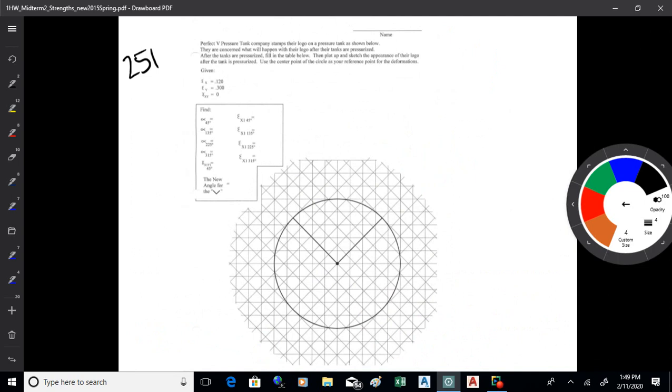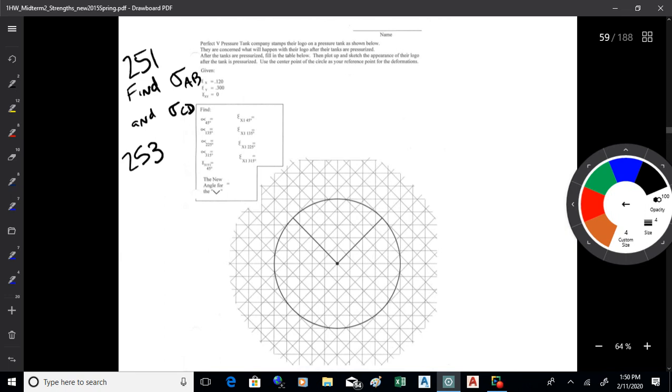I just want you to find the stresses on the two tank walls. So what I want you to do on 251 is find sigma AB and sigma CD. And I'd also like you to do 253.